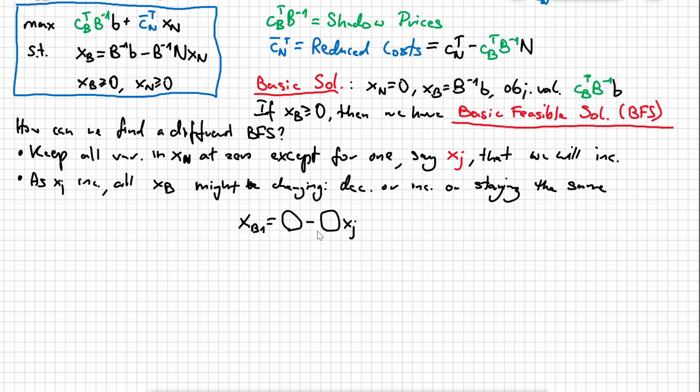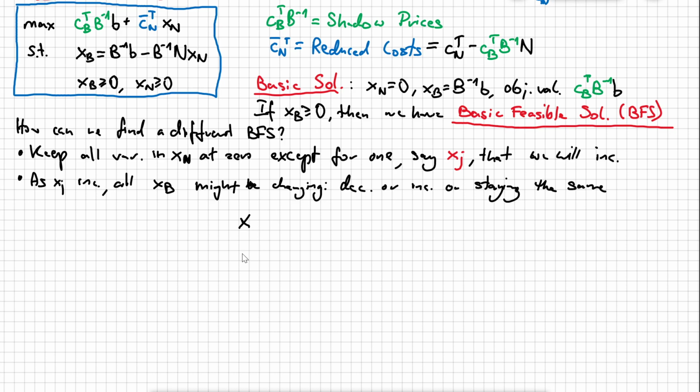It depends on whether this is minus something or plus something, or just 0 times xj. So each of those variables, b1, b2, b3, and so on, may be increasing, decreasing, or staying the same.